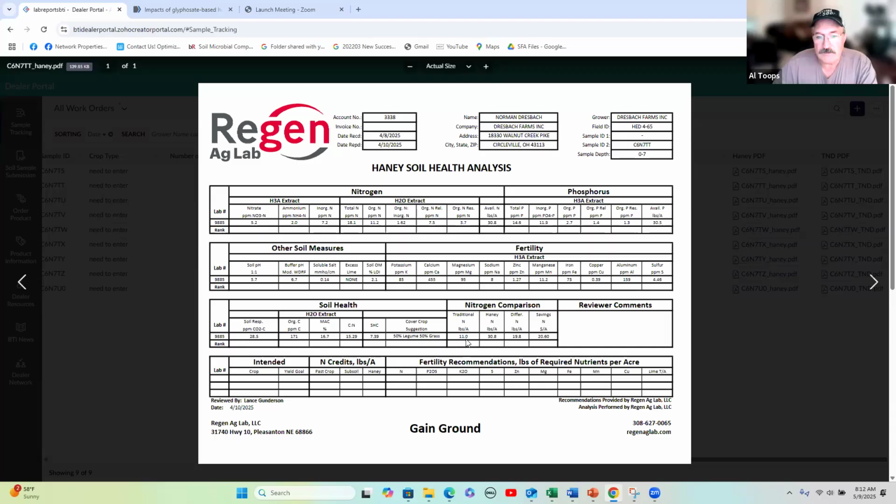Then what Rick did is he developed this calculation in Lance to show you the traditional nitrogen level that you would have if you took a soil sample and sent it to Great Lakes or Midwest or Waypoint or one of those labs, compared to what this test shows you, which is a 30 pound.